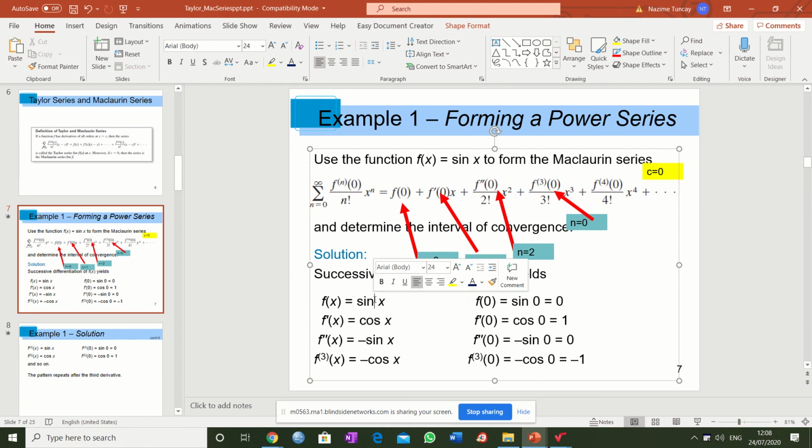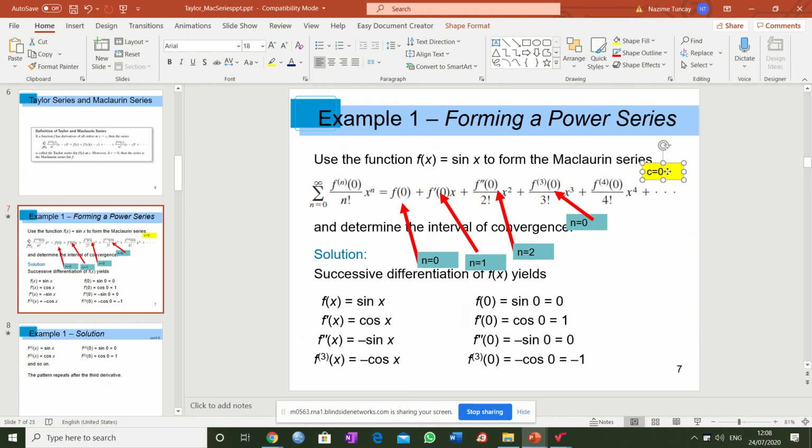Now how are we going to continue? We know the value of f. It is given to us that it is sin x. The value of the function is a different thing, the term is a different thing. This is the 0 term, first, second, third term, and we have a constant c, which is 0 here.